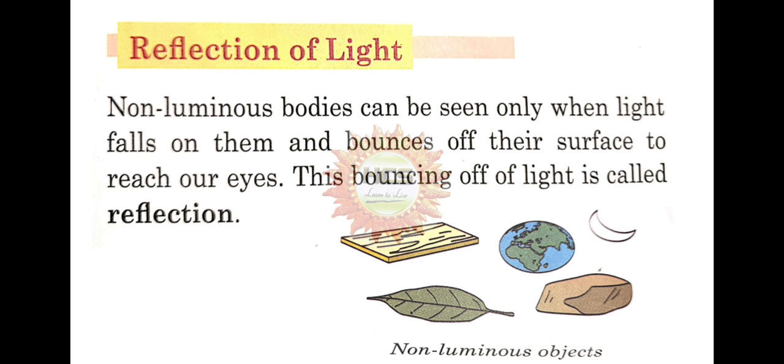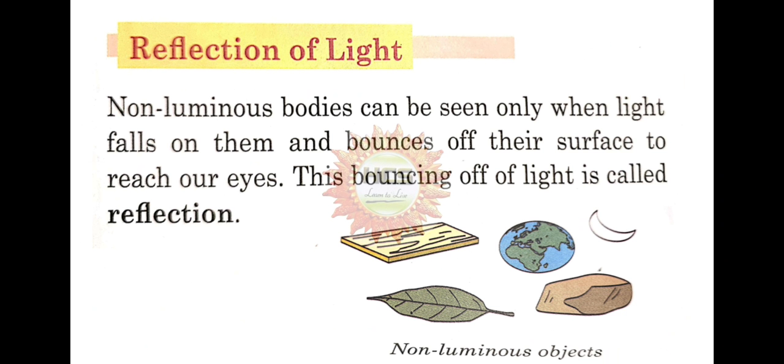Reflection of light. This is also on page number 82. Non-luminous bodies can be seen only when light falls on them and bounces off their surface to reach our eyes.